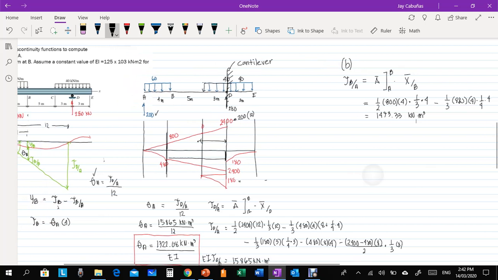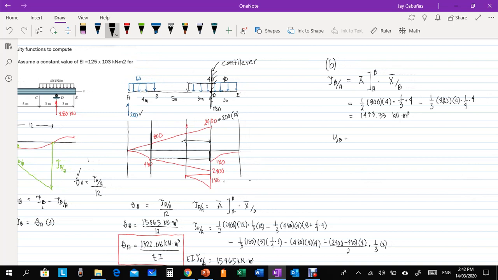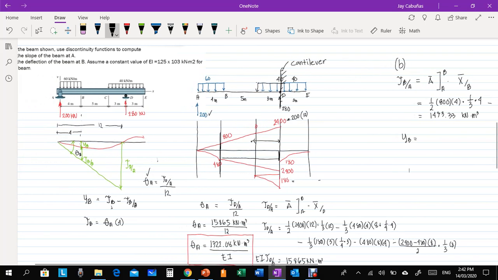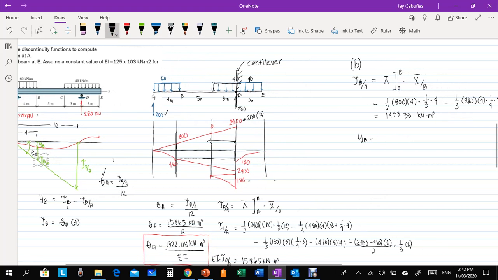So we can compute now. We have YB again. YB is equal to the deviation at B, the entire height, minus this one, TB. So we have the deviation of B minus the deviation of B relative to A. The deviation of B is theta A times 4, right?